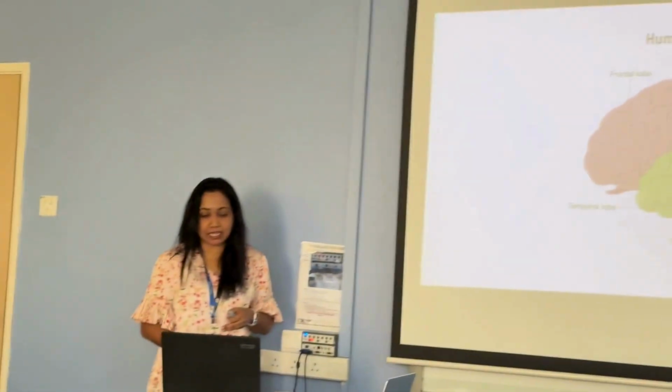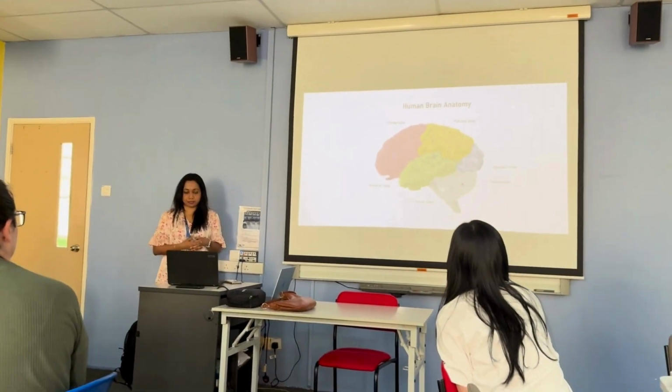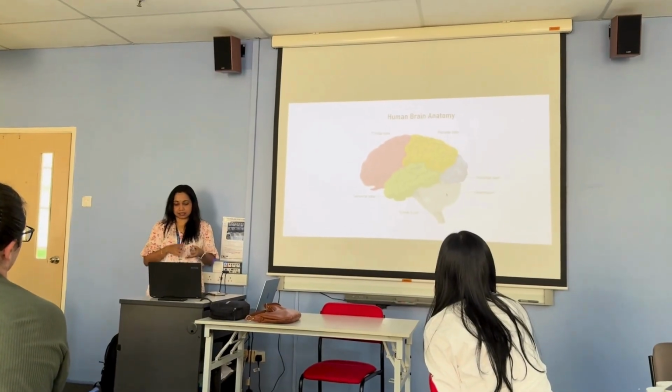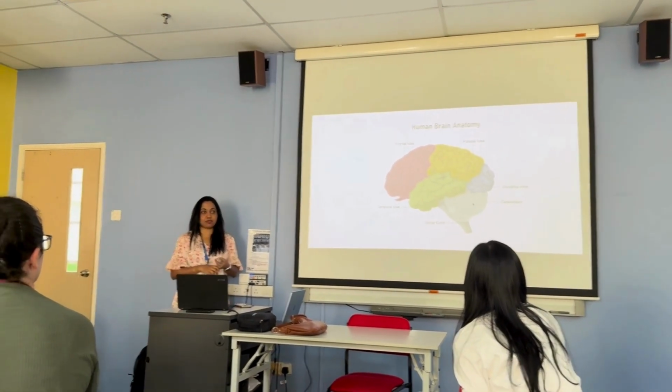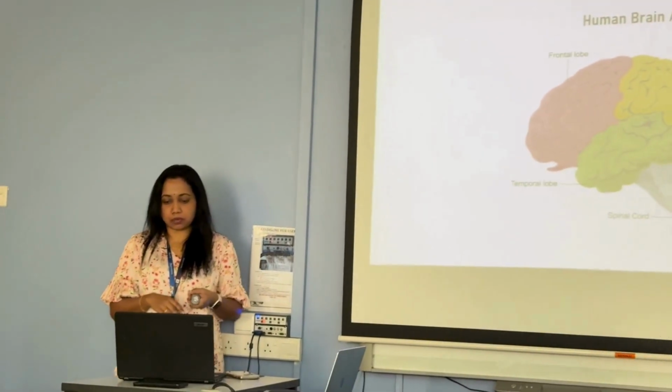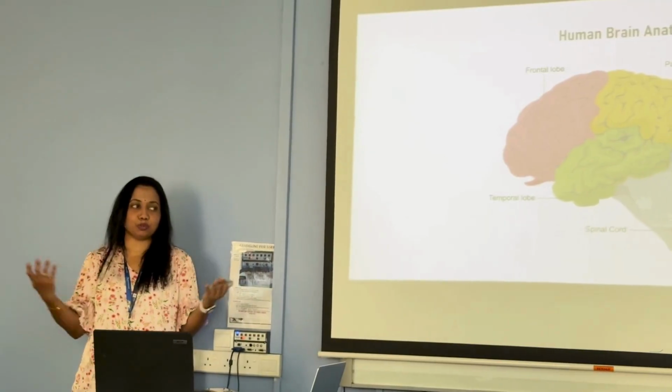It's mostly regarding the sensory information. It is collected there. So it is like the touch, temperature, pain, sensory information. So this is in relation to the objects around you.